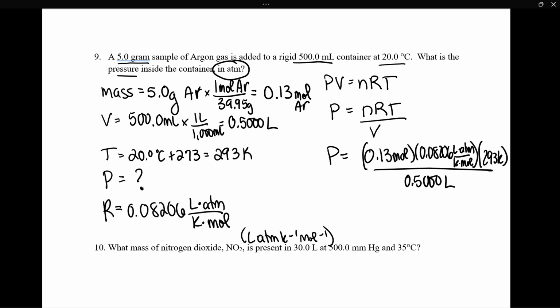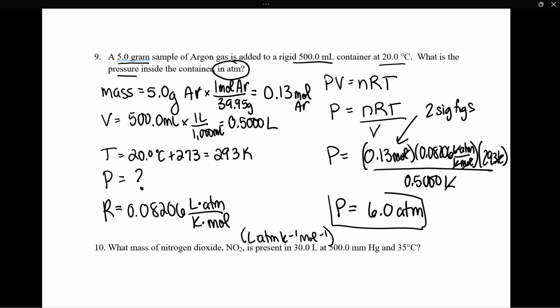And it looks like we're going to have two sig figs in our answer. And let's check our units. Moles cancel, Kelvin cancel, liters cancel. So the units of our answer are going to be in atmospheres. And when we plug this into our calculator, we should end up with 6.0 atmospheres, I believe. There we go, rounded to 2 sig figs.